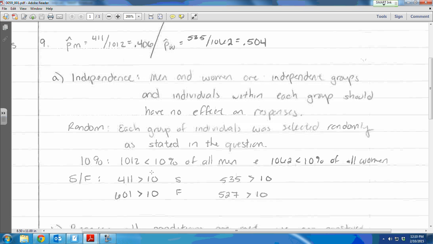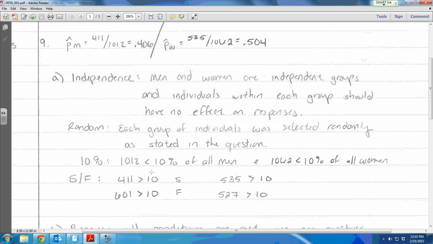So do it twice. And then success, failure, I had 411 men, that's greater than 10, between 601 that failed, like did not have arthritis, right? So you just show both of them. Can you handle that? It's a little bit longer, but it doesn't take up any more space. Usually I talk about both groups though.